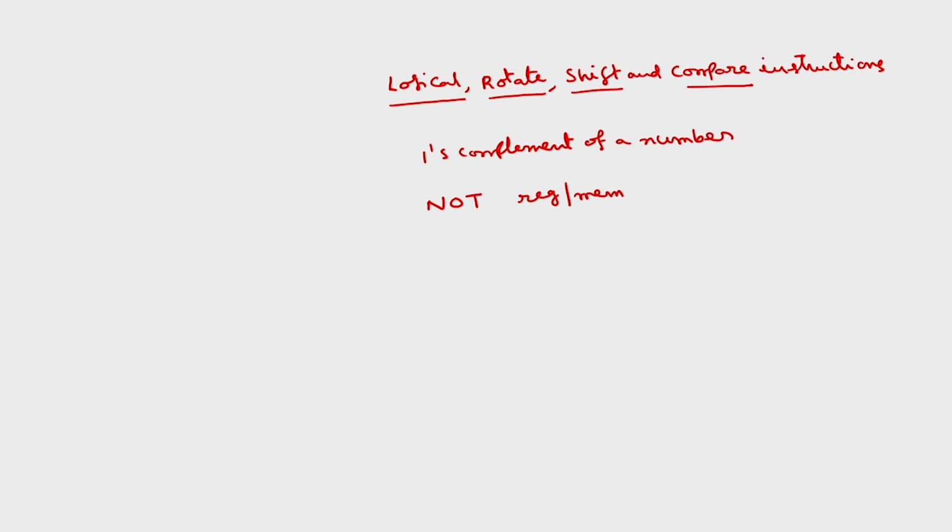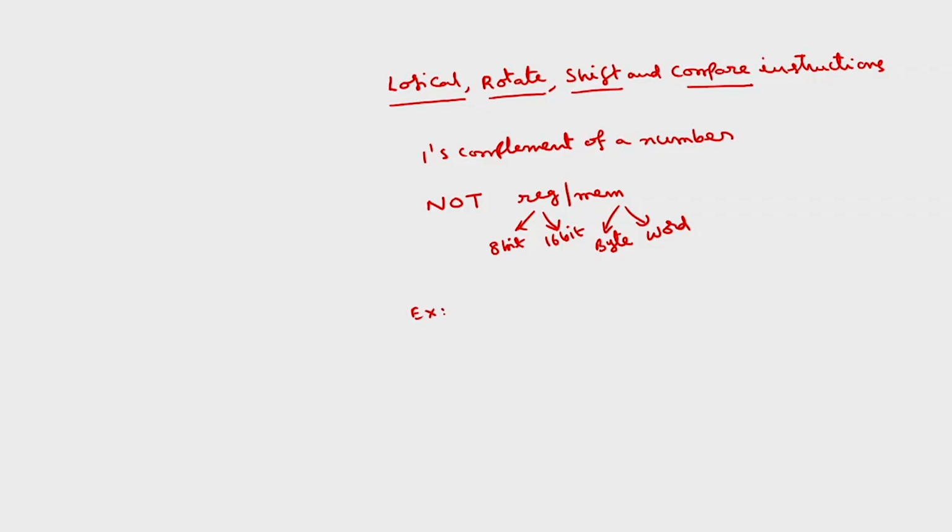This register can be either 8-bit or 16-bit, memory can be byte or word. Byte means 8-bit, word means 16-bit. Whatever register or memory we specify in the instruction, the 1's complement of that will be evaluated and it will be stored back into that particular register only.